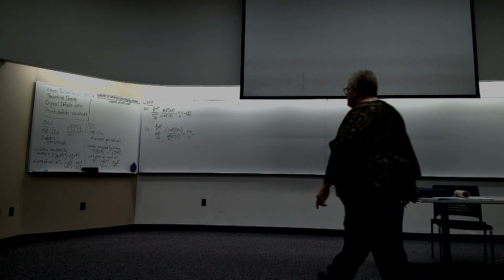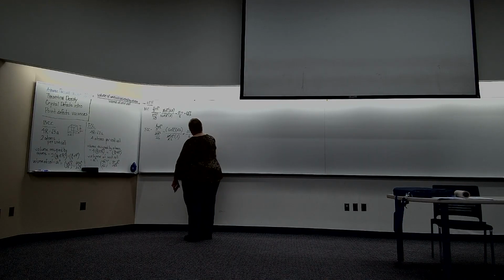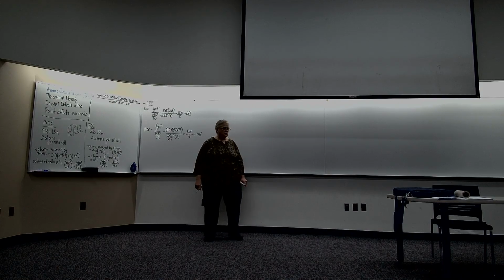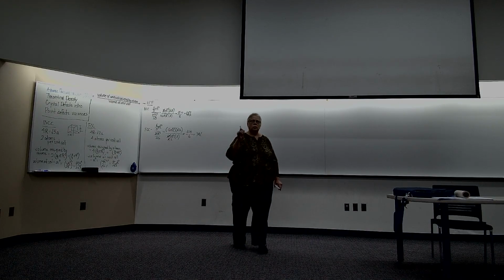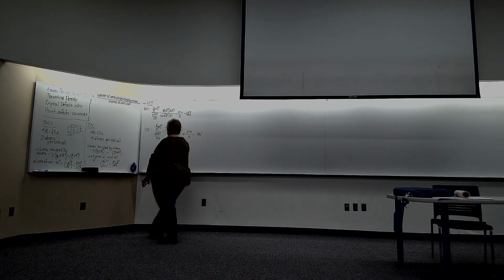And then the 68% represents of a unit cell or just of the material itself? Oh, the material, because the material is unit cells in 3D space. So in this case, we get 74%. And it turns out that FCC is called a closest packed metal, or closest packed system.